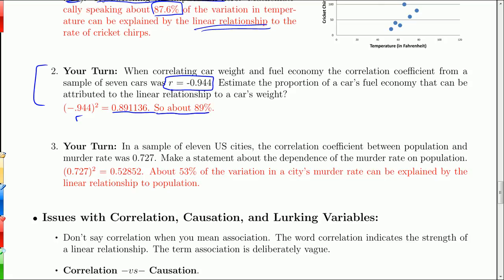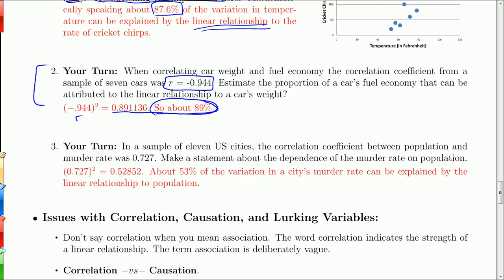So about 89% of the variation in a car's fuel economy can be explained by the linear relationship between weight and fuel economy. And I didn't really put a cause and effect in there, but it certainly seems to make sense.